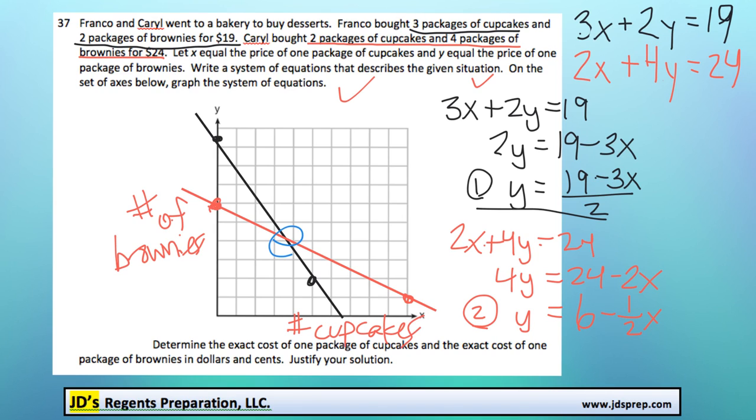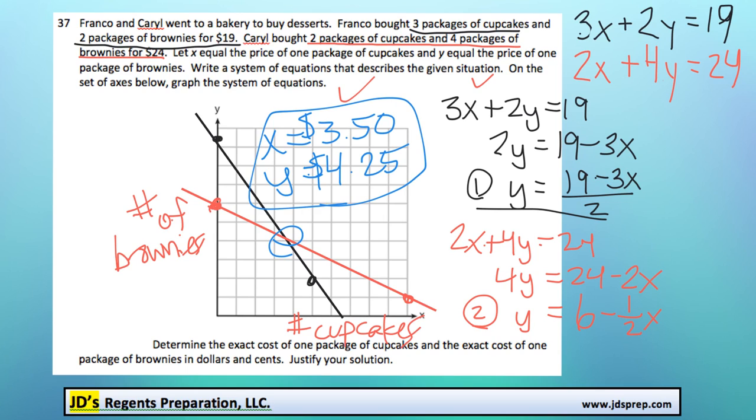If you do that, you should get an x value of 3.5 and a y value of 4.25. So in other words, the cost of one package of cupcakes is $3.50, and the price of one package of brownies is $4.25.